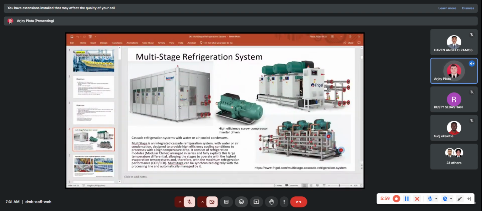In this type of refrigeration, we use high efficiency screw compressor. So last time we discussed screw compressors. So it is applied here at multi-stage.